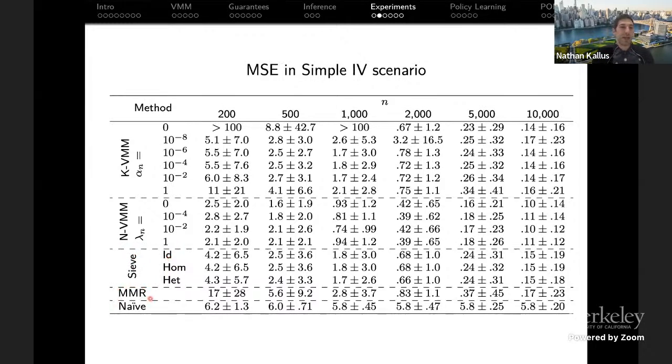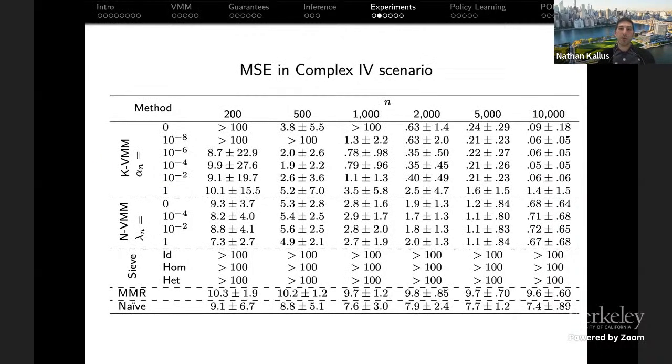These maximum mean restriction methods, and a naive method that's just doing plain regression, no control for the IV. And in this simple setting, everything works. Everything is getting reasonable MSE, and it's essentially just showing everything works as it should. And for example, VMM is not exploding.